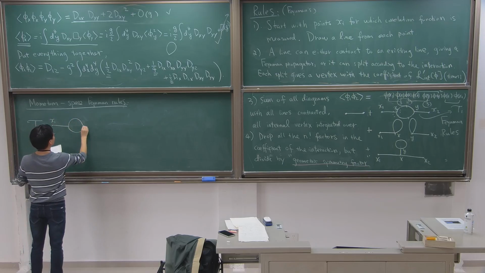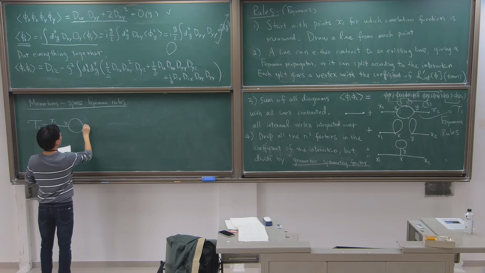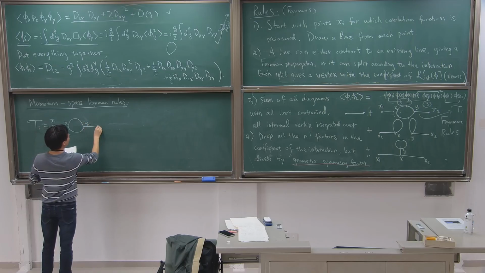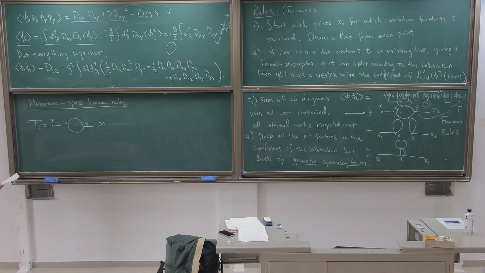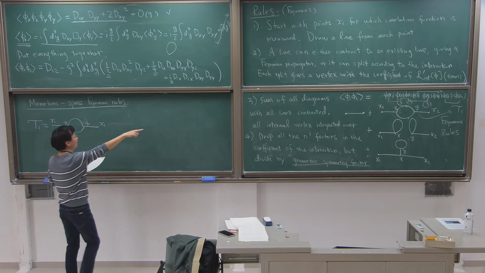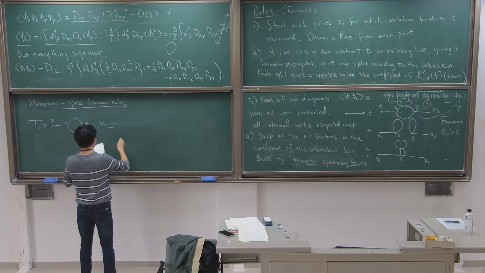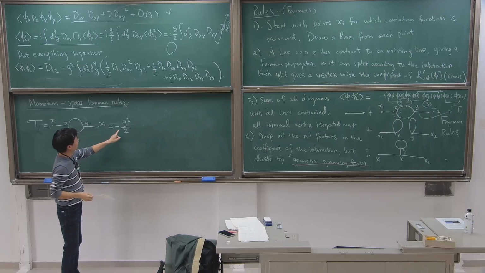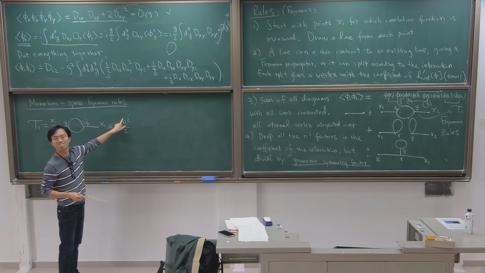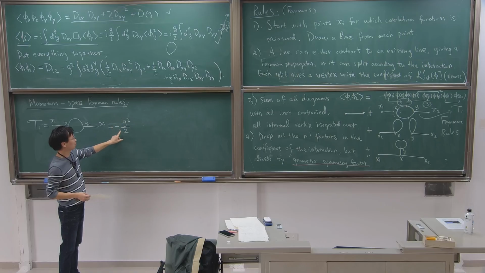It's basically 2x, and then 2y, and then 2x2. Now, following the rules, we already know the result. But just following the rules, this diagram will be given by (ig)^2, which becomes minus g squared. Following Feynman rules, write down the result, and divide by the symmetry factor, which is 2 in this case.